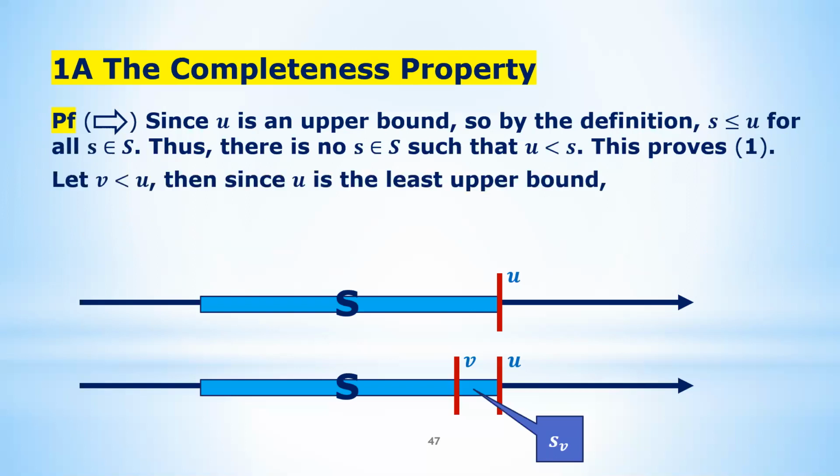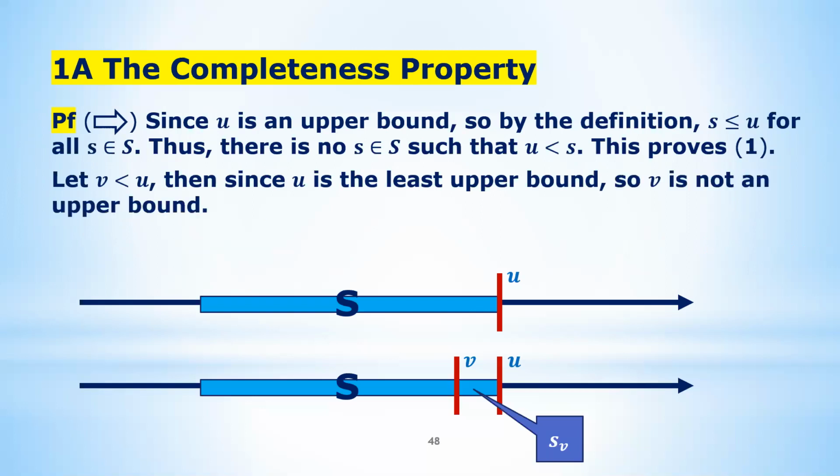Okay. Now for the second property, you need to use the fact that U is the least upper bound. So now let's take V less than U. You pick a number less than U. Since U is the least upper bound, the key thing is that you have to use that fact.